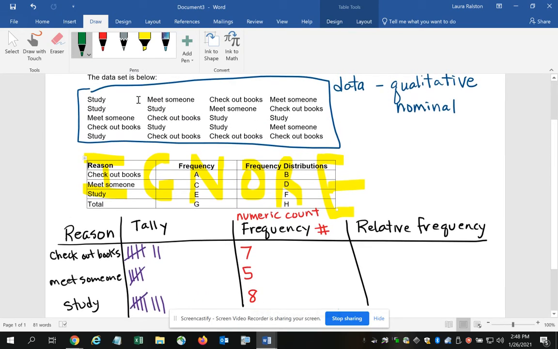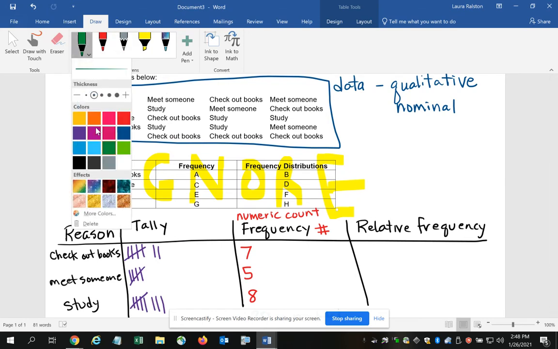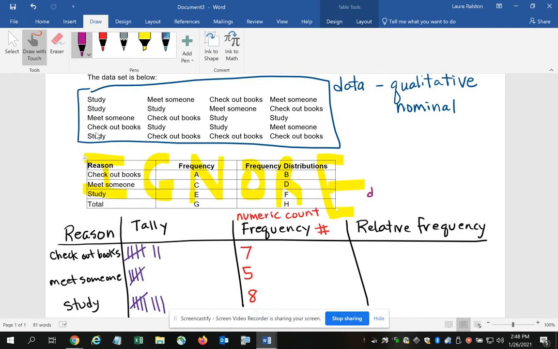Okay. And then I have to actually do some calculations to find the relative frequency. The relative frequency is usually expressed either as a decimal, a fraction, or a percent. And one of the reasons we use the relative frequency is so that we can make comparisons between different sized groups. This group has 20 responses.